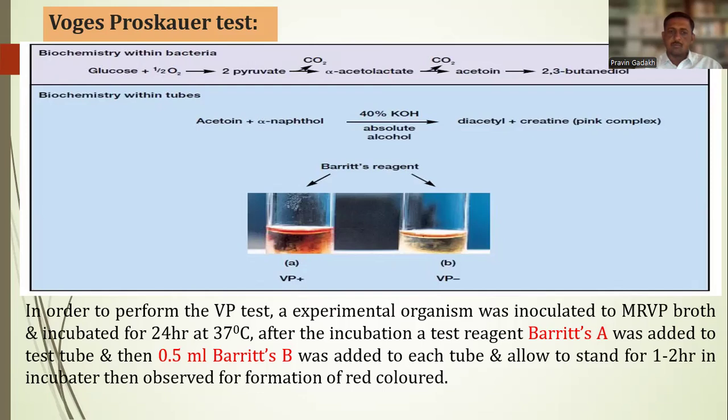To perform the VP test, the experimental organism is inoculated into MR-VP broth and incubated for 24 hours, a similar procedure to the methyl red test. After incubation, the test reagent, Barritt's reagent A, is added to the test tube, and then 0.5 ml of Barritt's reagent B is added to each tube, and we allow it to stand for 1 to 2 hours so that the reaction can happen.